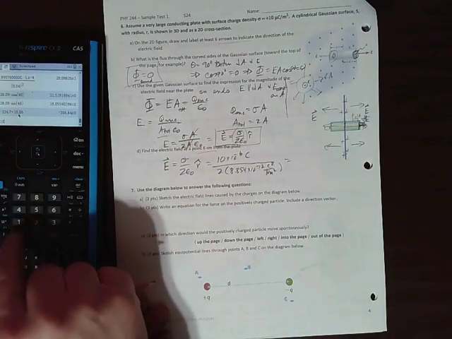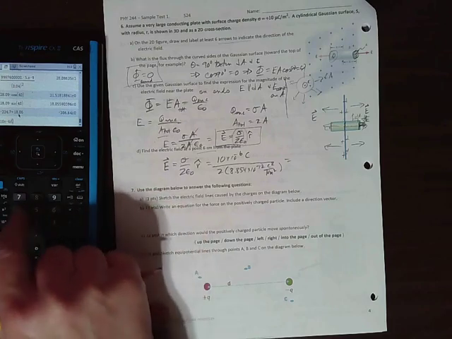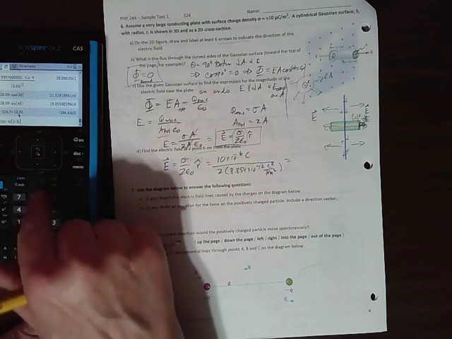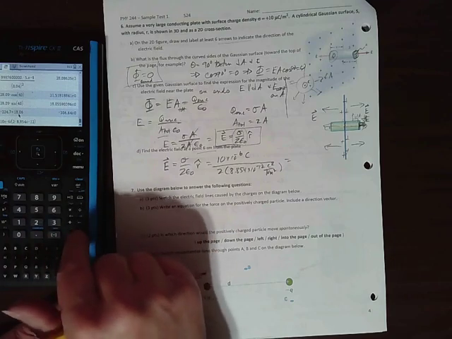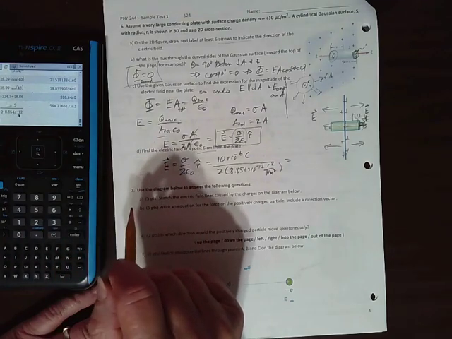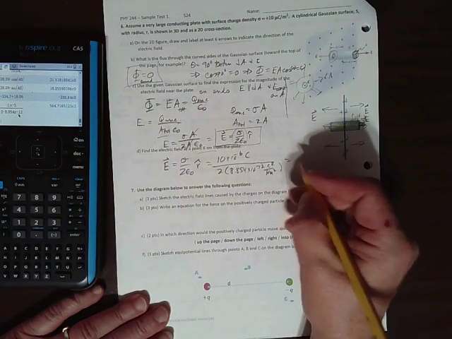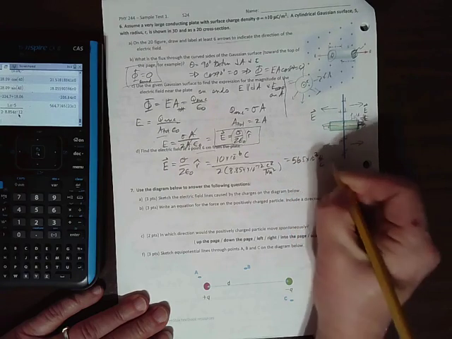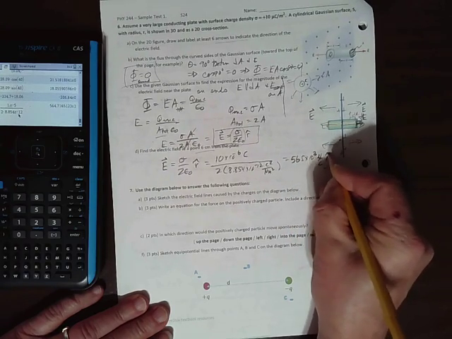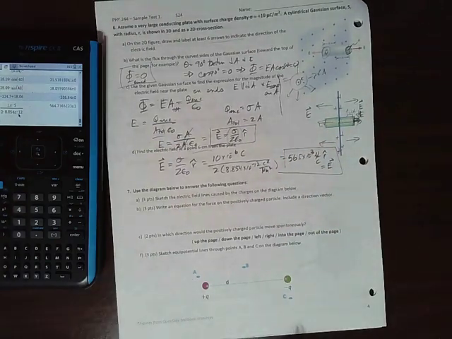So we've got 10 e negative 6 divided by 2 times 8.854 e negative 12, which is 565 times 10 to the third newtons per coulomb. We'll just have a generic R hat. In this case, it means straight out from the plate. Okay.